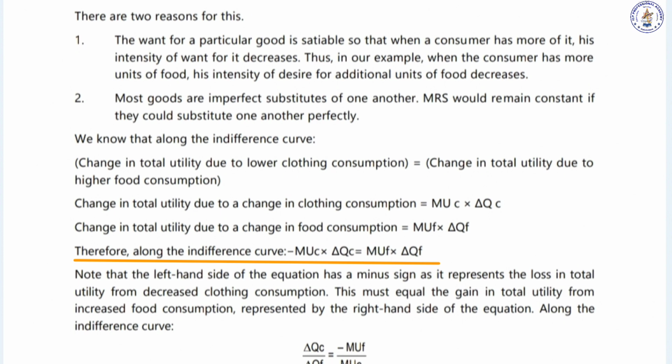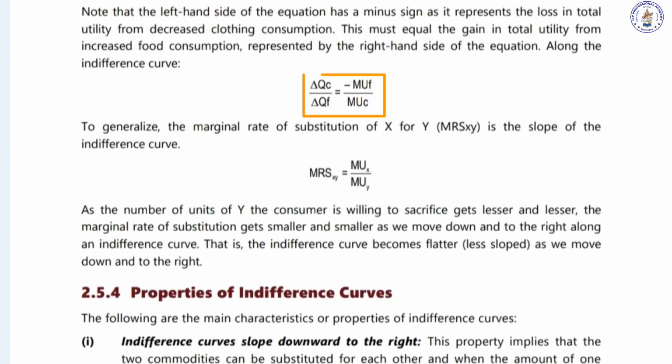Therefore, in the equation, we can say that along the indifference curve, an additional unit of clothing divided by an additional quantity of food is equal to the marginal utility of food, which is decreasing, divided by the marginal utility of clothing. So MRS is equal to MUX divided by MUY. That is the slope of the indifference curve.